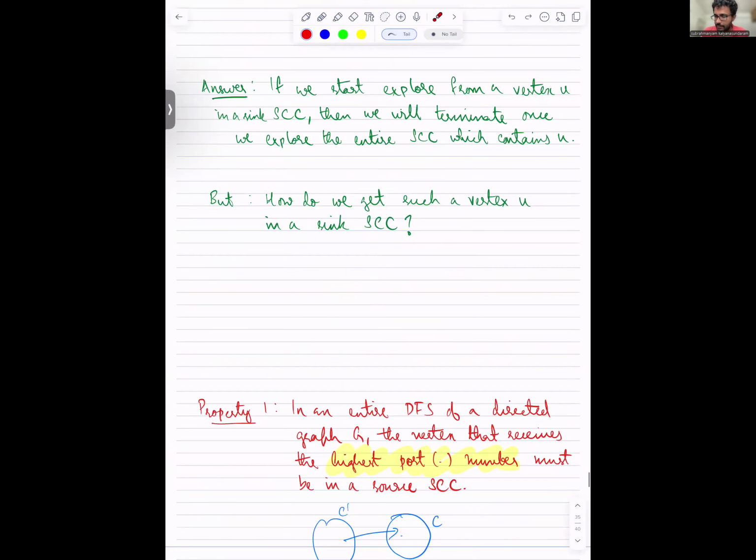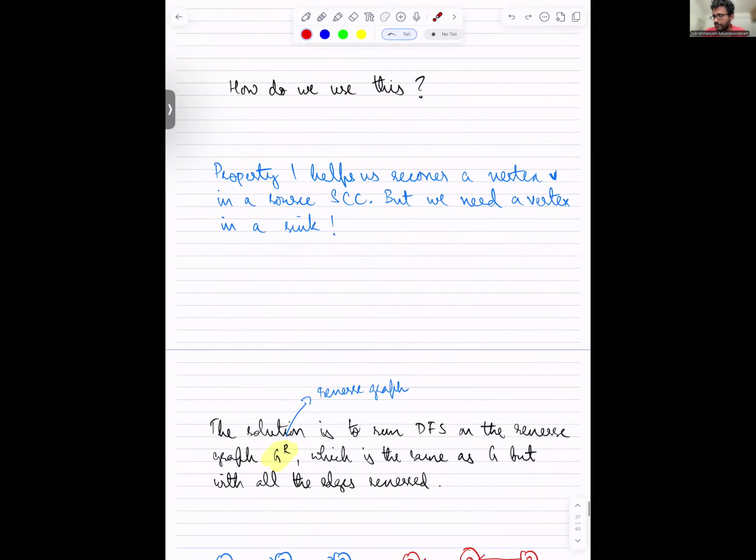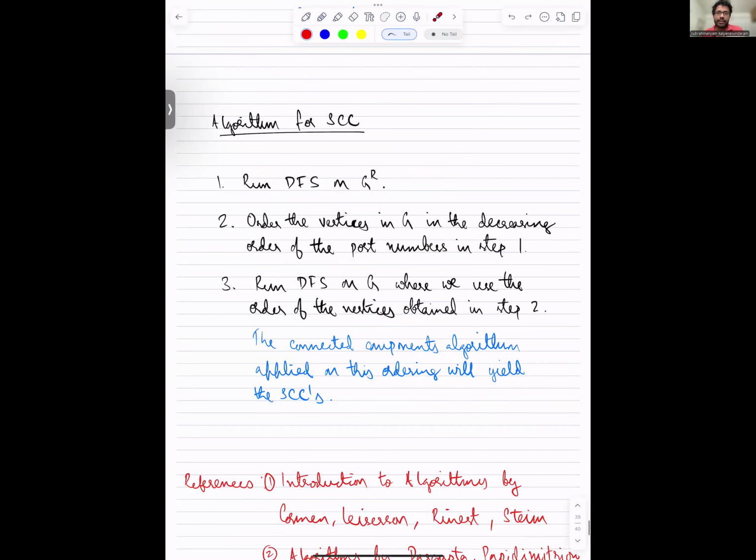Then you repeat the same thing. Every time you start an exploration from a vertex and exit it, the vertices that you have explored are exactly a strongly connected component. Then the next exploration starts from the vertex that comes first as per the ordering in step two, and it gives us another strongly connected component, and so on.